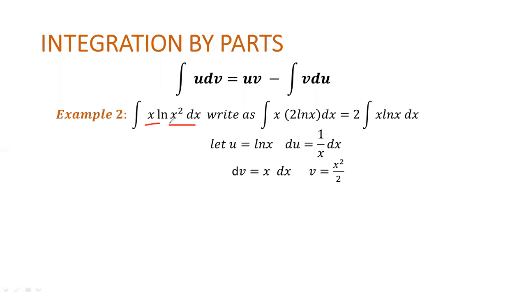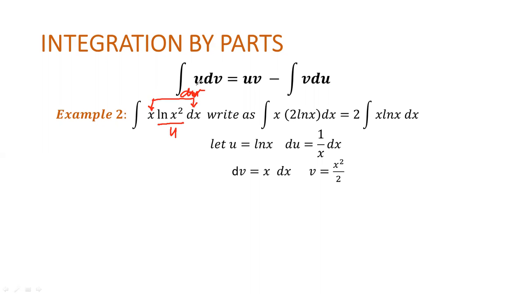So we will make an exception in this case. So you have to make the ln of x squared as your u and the x dx as your dv. So I will have to have this one as u and this one as dv.